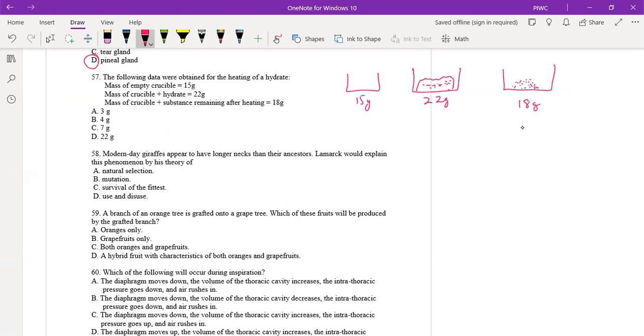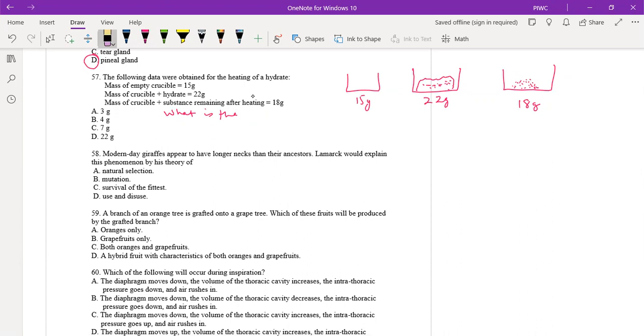So the question is asking you, what is the... I didn't put a question on this one. The data obtained is here. Okay, but the question is, what is the mass of the water?